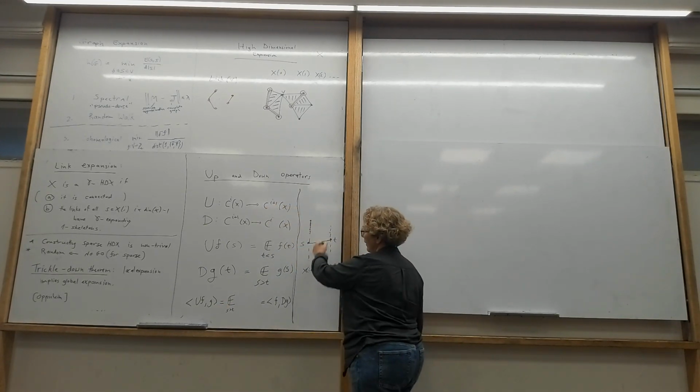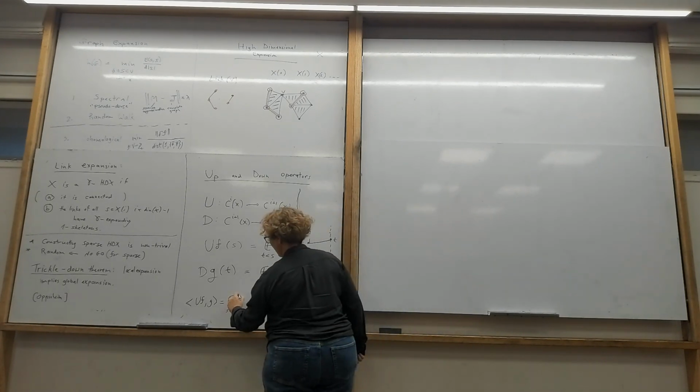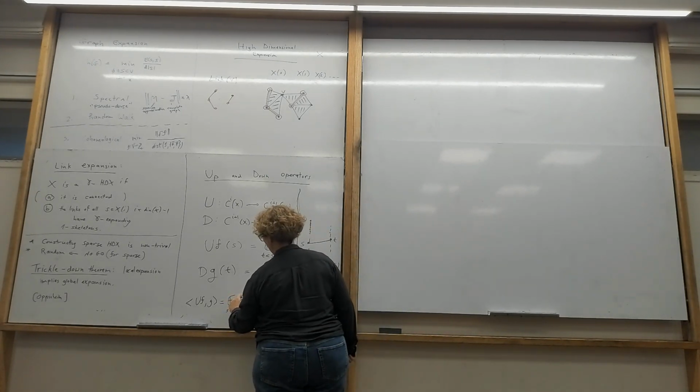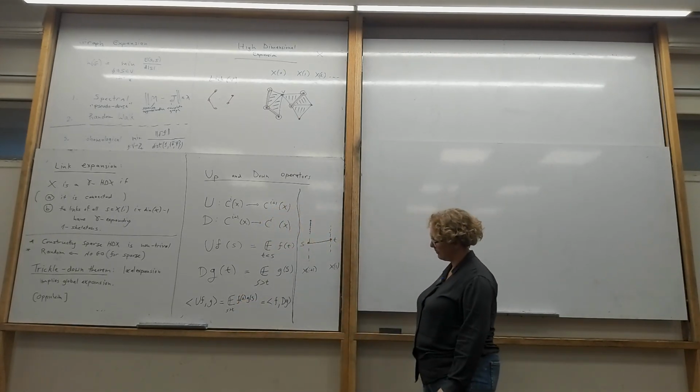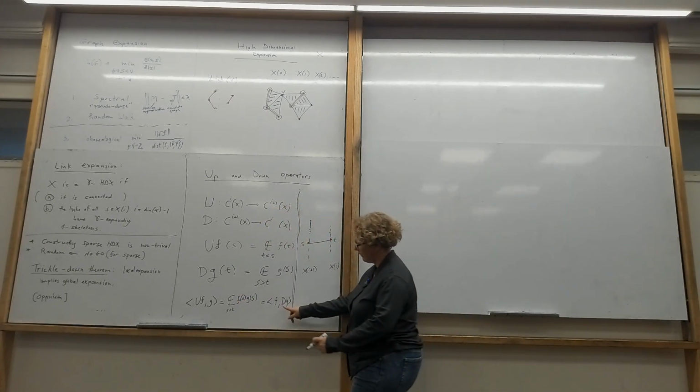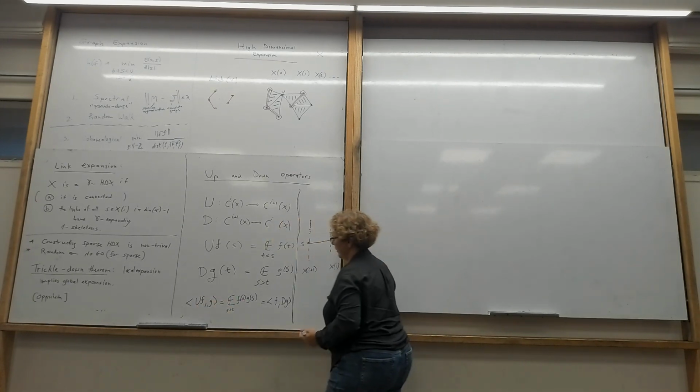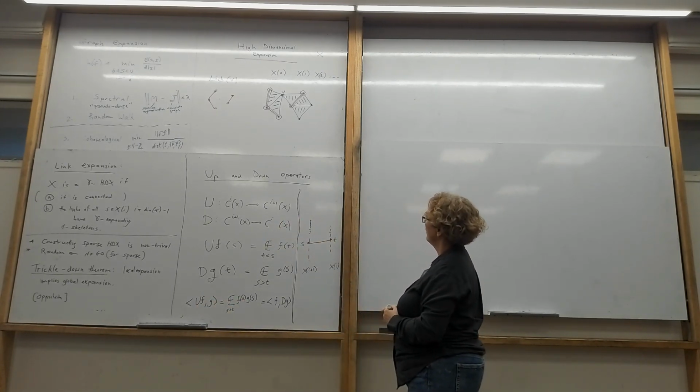So it's basically over all edges here of f of t, g of s. So this shows you how d and u are adjoint to one another.